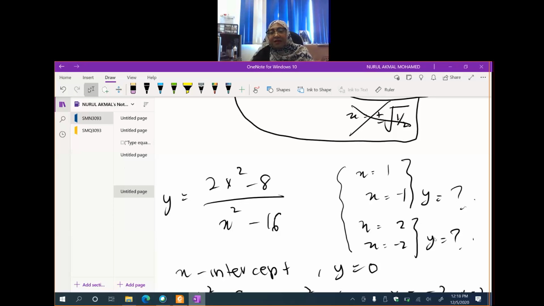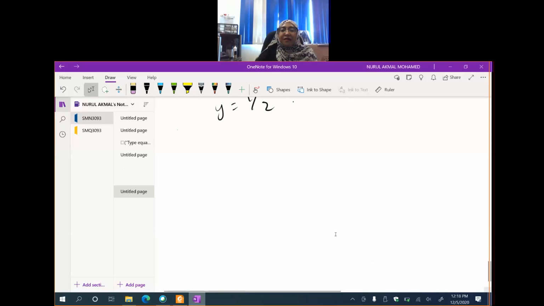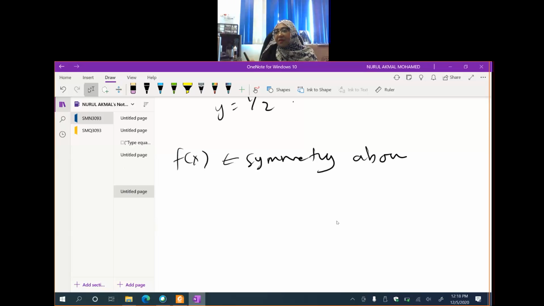If you are not confident with this, you can check with several other points, say x equal to 3 and x equal to -3. If it still gives you the same, then you can say that the graph of f(x) is symmetric about the y-axis, right?